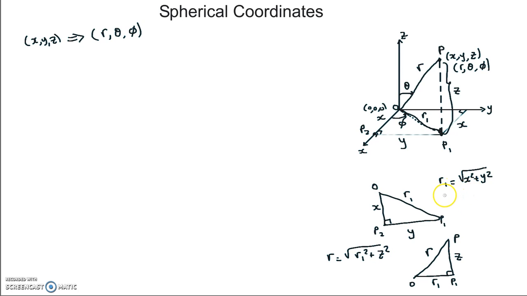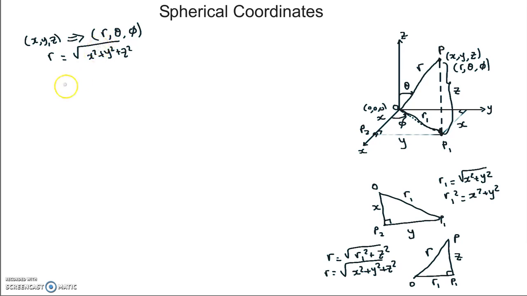But we know that R1 squared equals x squared plus y squared. That means r equals the square root of x squared plus y squared plus z squared. Essentially we applied the Pythagorean theorem twice: once using x and y to get r1, and then in this other triangle to get to r.